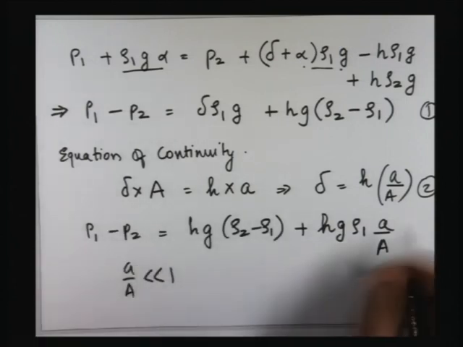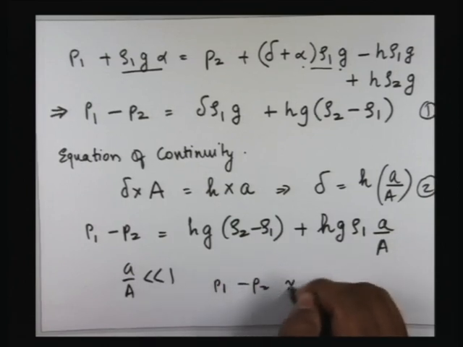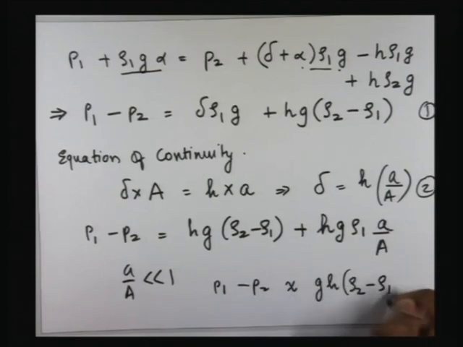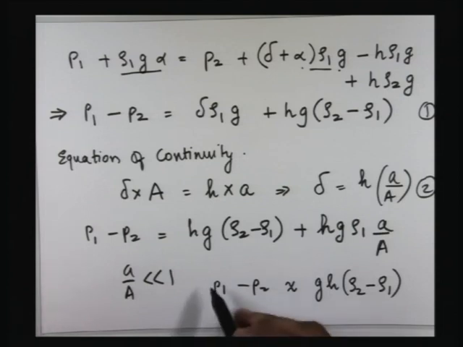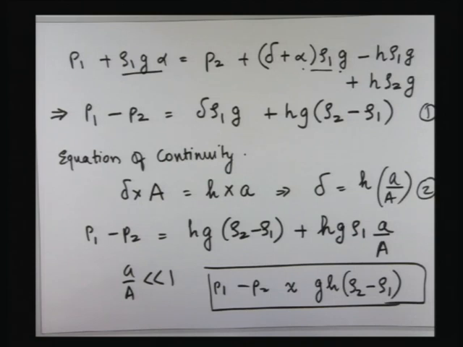So if we neglect this, P1 minus P2 is approximately equal to gH rho 2 minus rho 1. Any questions?